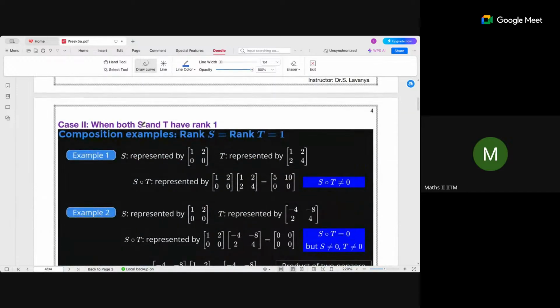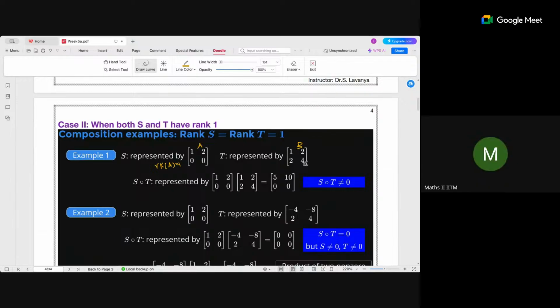Now let us look at the scenario when rank is 1 for both the transformations S and T. For example, let us consider the scenario when you have this as your A and this as your B. Clearly, rank of A: you see only one non-zero row, so rank of A is 1.